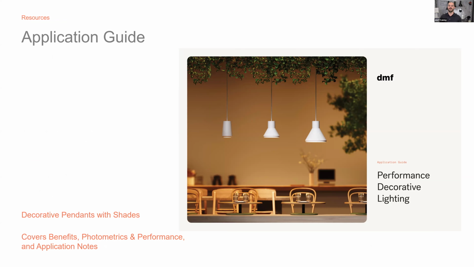It features a lot of great information on our new decorative pendants with shades, everything from cutoff angles to light loss and performance aspects. So you get a good look at how the different optics and shade profiles combine and affect the overall lumen output. Please do check that out and share that with anybody that might be interested, because that can really help guide some of the decision making around some of these products.